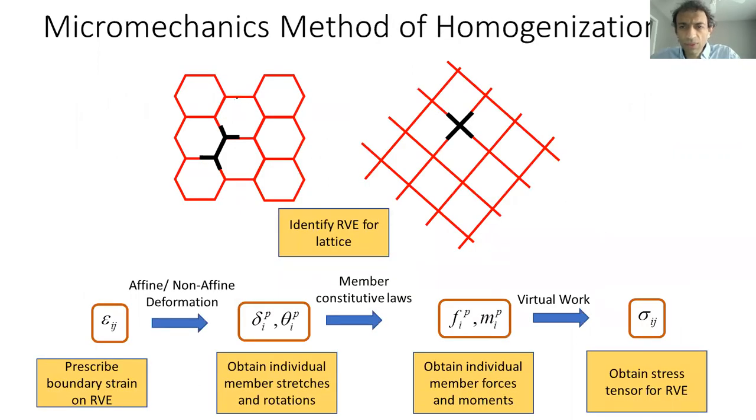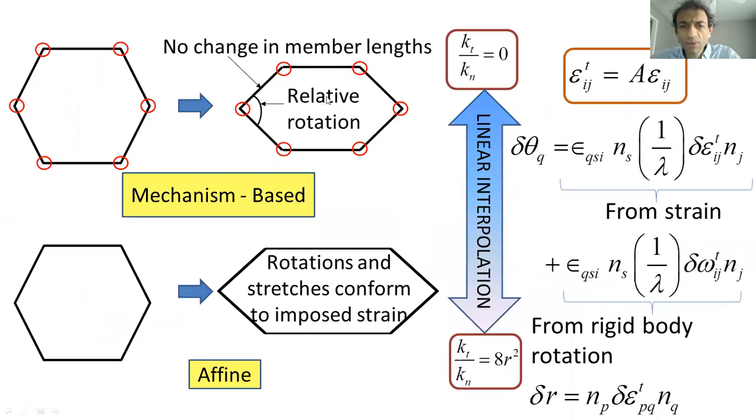I will not go through the entire process, except that the key in this method is to connect the macroscopic deformation to the deformation of individual struts. The way we are doing this is that we first consider the lattice as a mechanism.